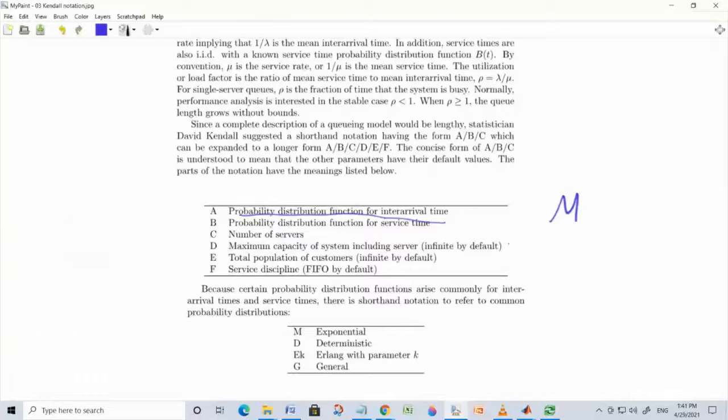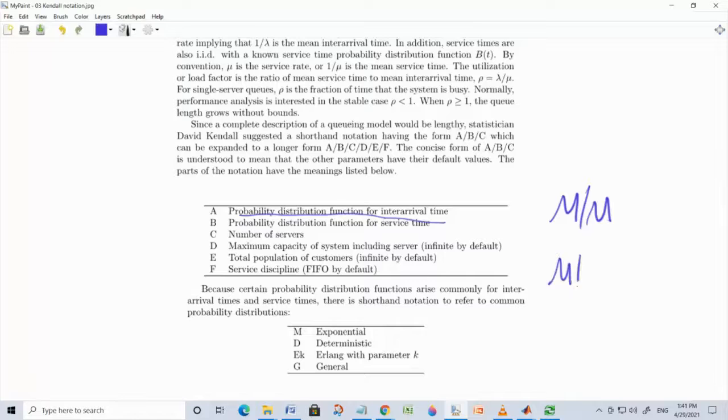Now, when a customer is in the system, the service time is typically modeled as a random variable, so it varies from customer to customer and follows a certain distribution. So the second letter gives you information about the service duration. If you write another M, the service times are exponentially distributed.